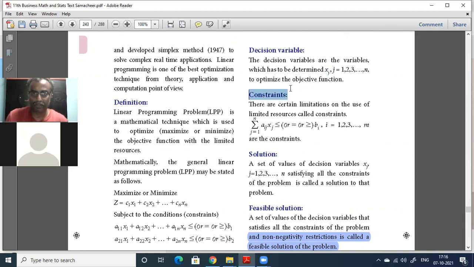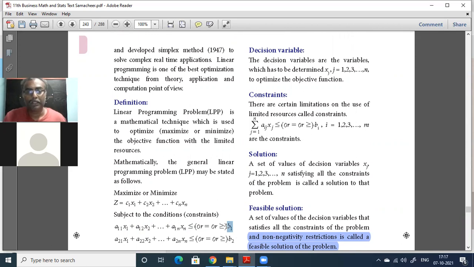Then there is something called constraints. The constraint is this one, a11 x1 plus a12 x2 plus up to a1n xn. Okay, so there are certain limitations on the use of the limited resources. That is what is called constraints. So we told you, the total must be less than or equal to 10,000.